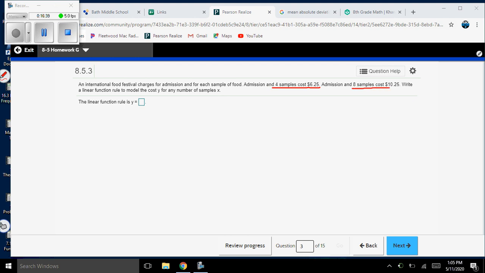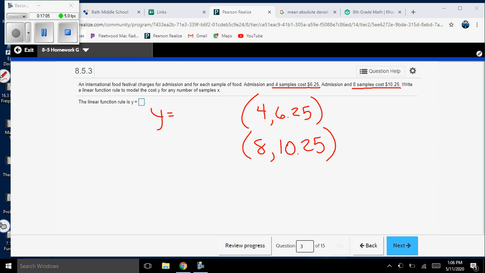8 samples, $10.25. Right? So one of the things that we need to be potentially thinking here is, if I plug in 4, I get $6.25. It's almost like you could look at it as an ordered pair. And if I plug in 8, I get $10.25. So the first thing we're trying to say is, hey, we need a linear function rule. We're looking for y equals mx plus b.